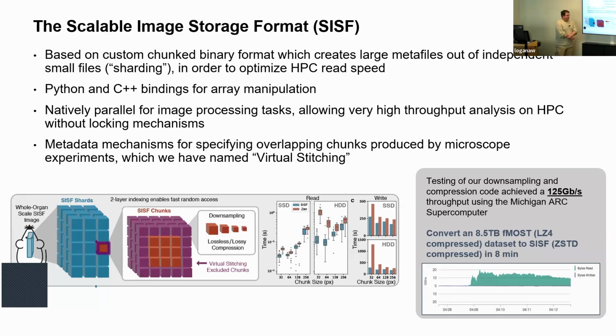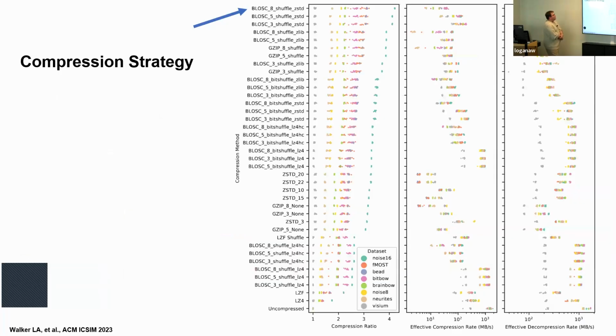This was a screenshot that one of the supercomputer admins that I keep in touch with sent me, where I had fired off a job and we hit 20 gigabytes per second for a couple of seconds, but also maintained a rate of 125 gigabits per second across a chunk of the supercomputer, which allowed us to do an 8 terabyte data set in about 8 minutes, which is kind of fun.